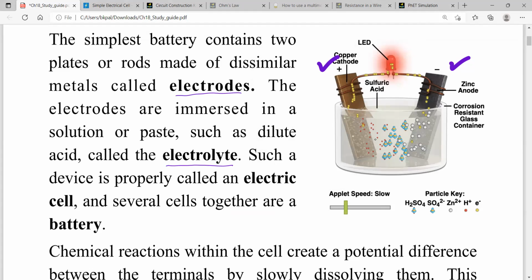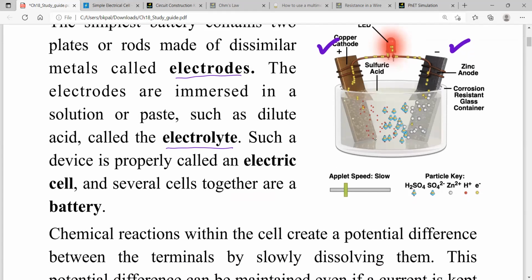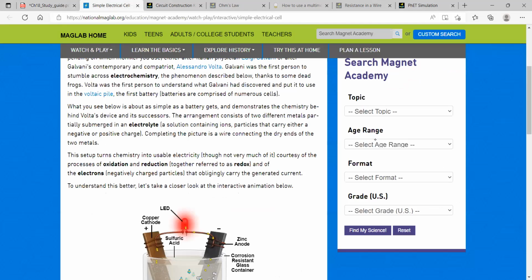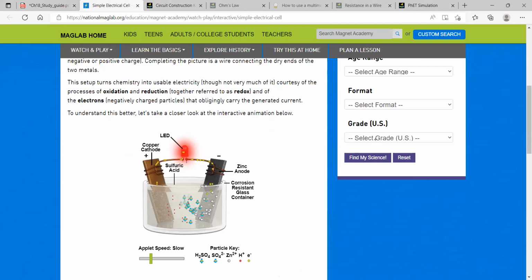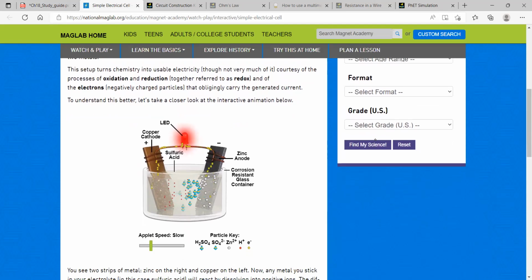Now, how does it work? When we immerse the electrodes into the dilute sulfuric acid, the dilute sulfuric acid actually dissolves this zinc.